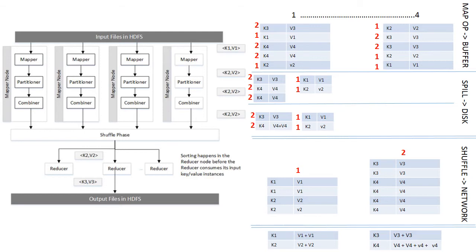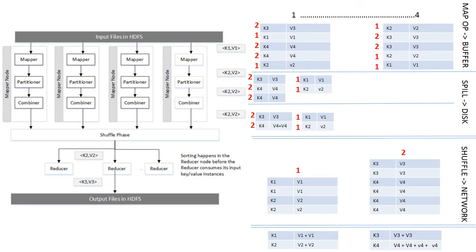Now, you can also configure a partitioner and a combiner to run on the same mapper node. This is how the partitioner and combiner help reduce computations and reduce latencies.